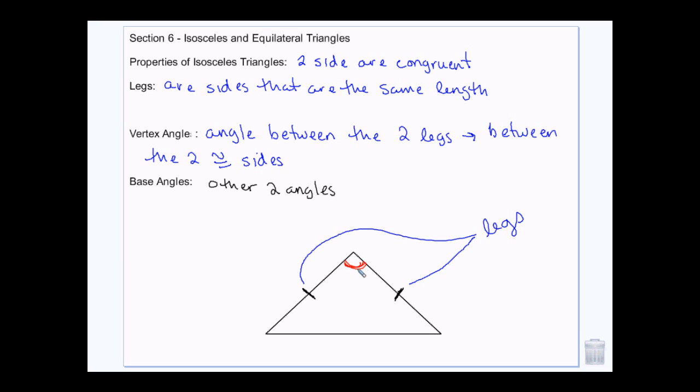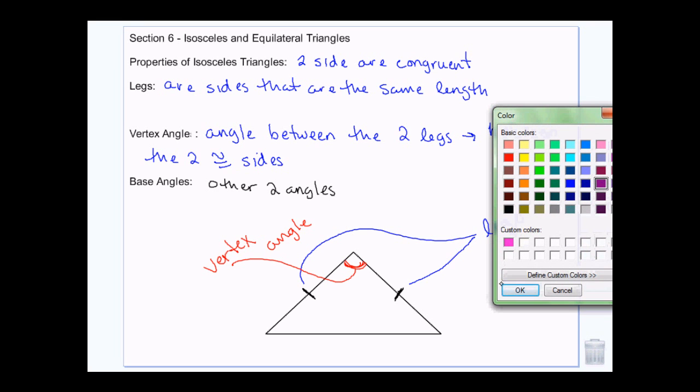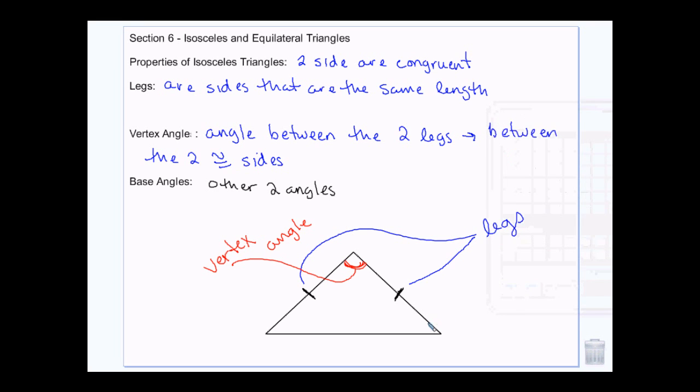This angle will be my vertex angle. And these angles will be my base angles.